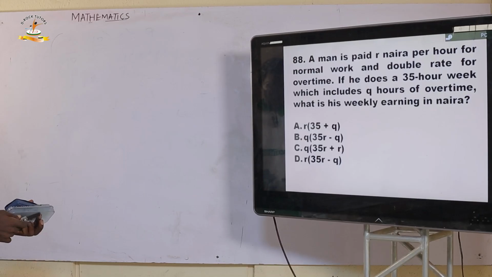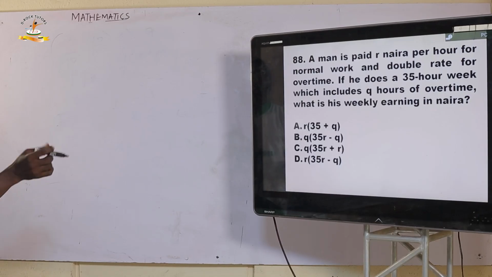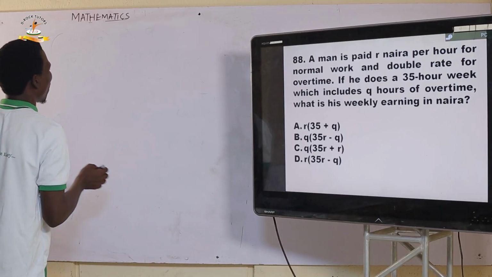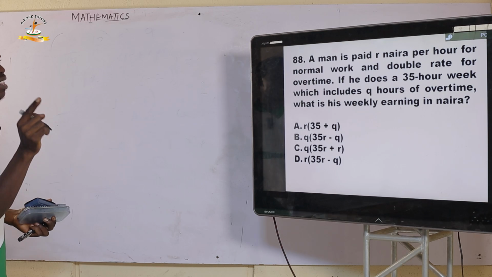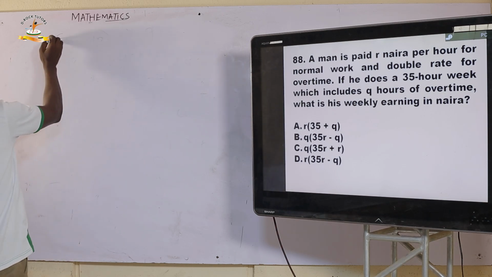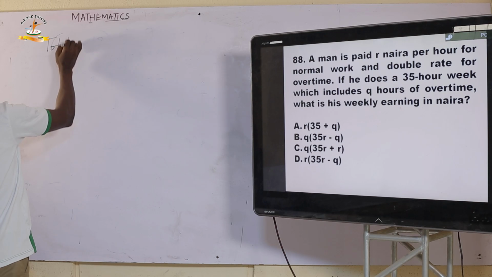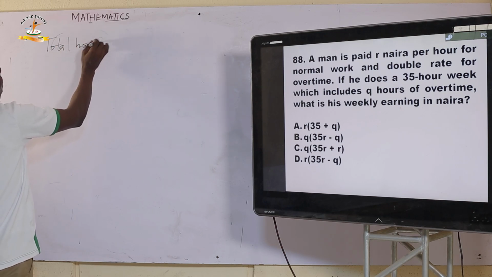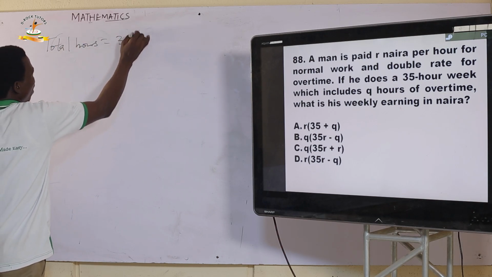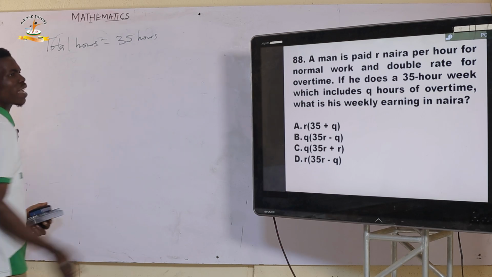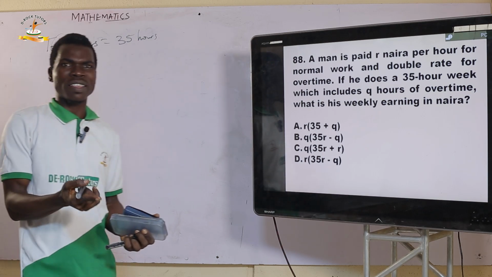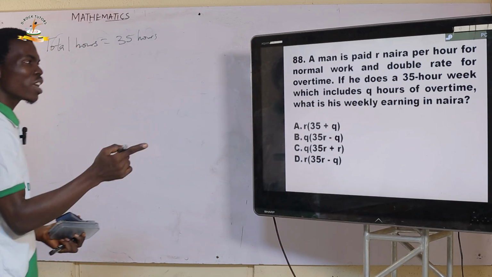Somebody is paid R per hour. However, he had 35 hours of the week. But don't forget that out of these 35 hours, he had an overtime of Q hours.